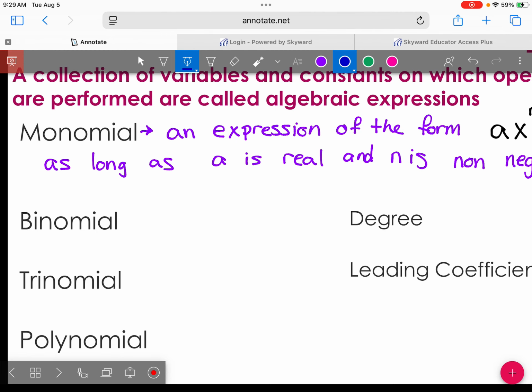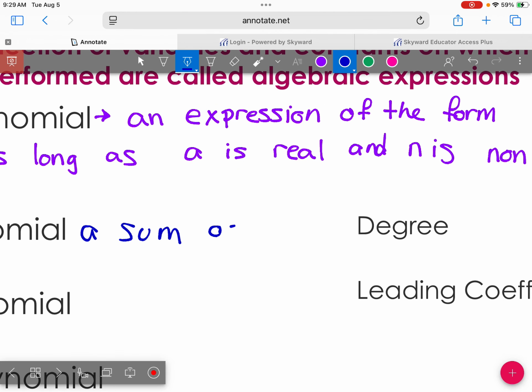And so we have a couple that have special names for them. We've got binomials, which just means, I take binomial, bicycle. That's kind of fun. Two. It's got two different pieces that are added or subtracted together. So it is a sum or difference of exactly 2 monomials.